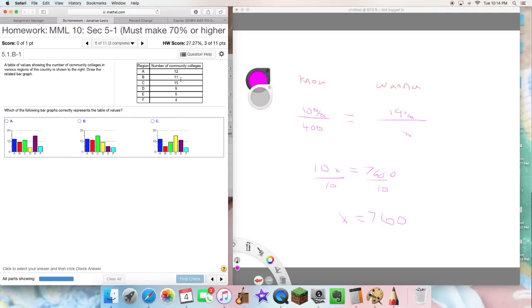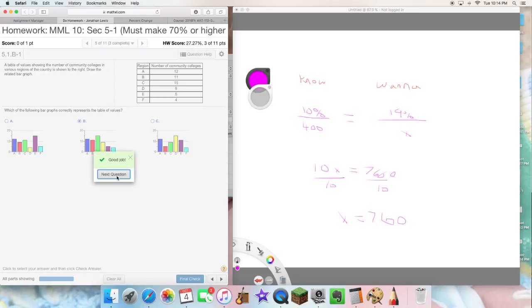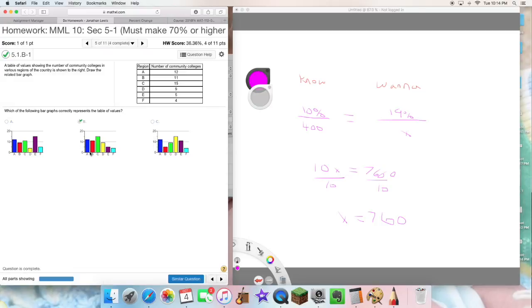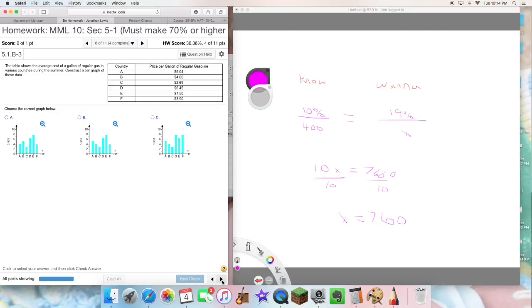Well, B is 11 according to our chart, so we can rule out C. So our correct answer is B. All right, so basically all I did for this problem is look at each individual graph and rule it out based upon the information that I've provided for you in the top. All right, and it's the same thing for the next several problems, and I'm not going to waste my time talking about it. Look at the chart and compare it to the graph and see if it matches.